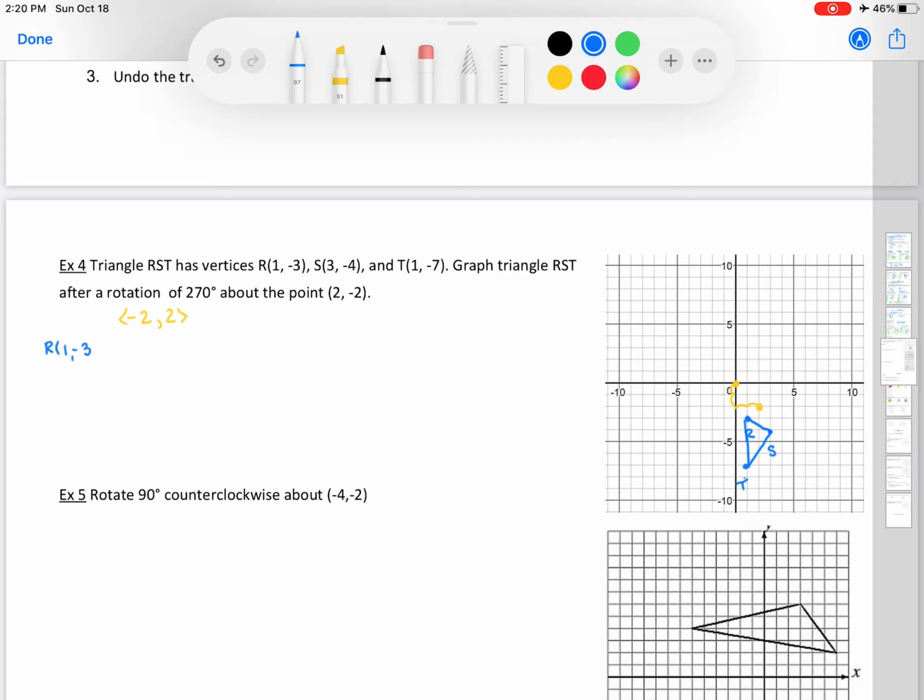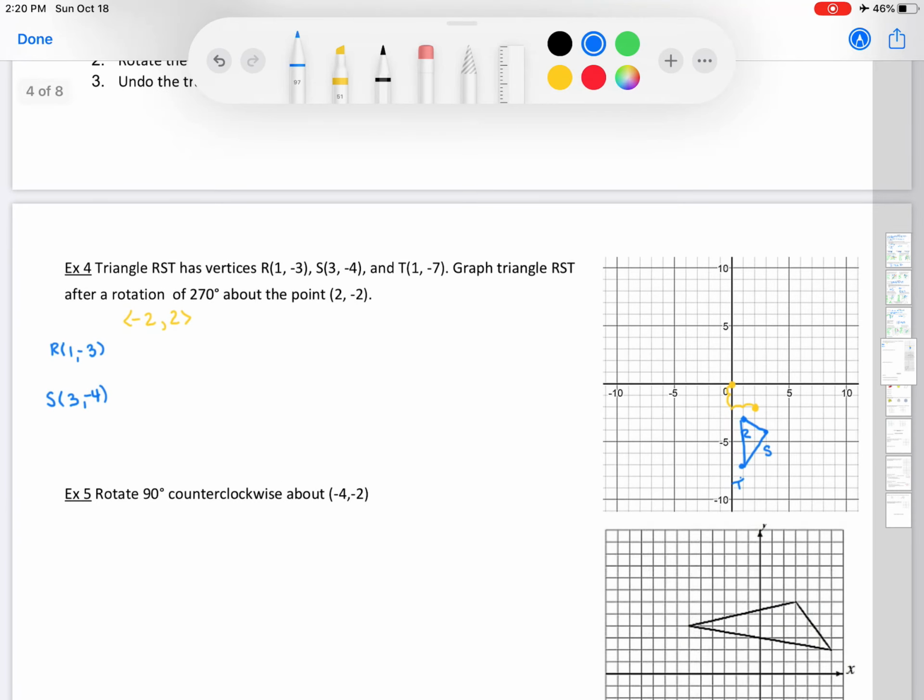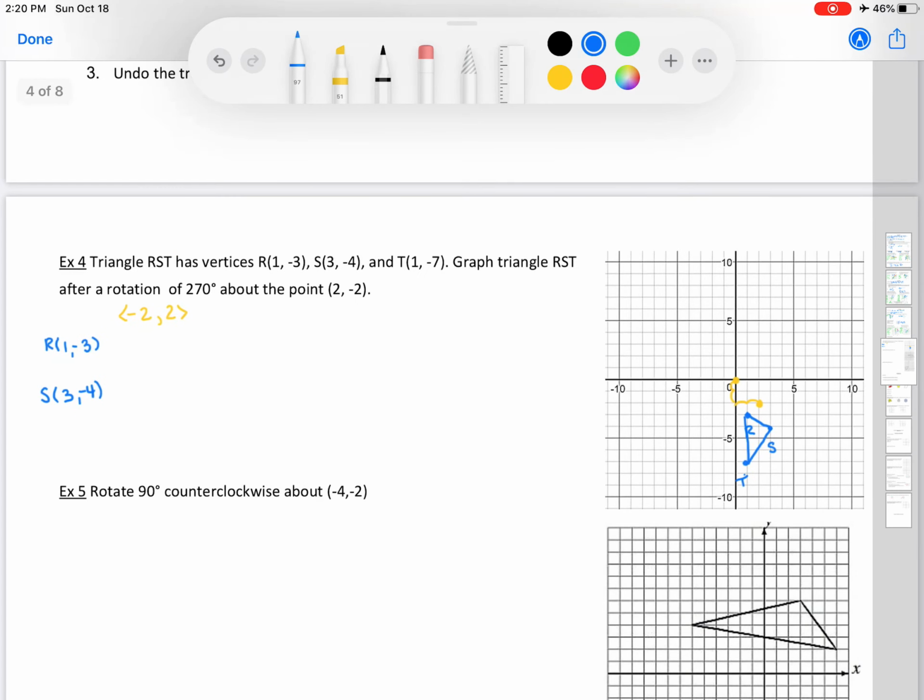So if I'm starting with these coordinates of R being 1, negative 3, S being 3, negative 4, and our T being 1, negative 7, I have to apply this translation vector before I can use the rule, because it would take moving all of these points to the left 2 and up 2 in order for that rule to take place. So I'm going to apply this translation vector like we talked about last lesson.